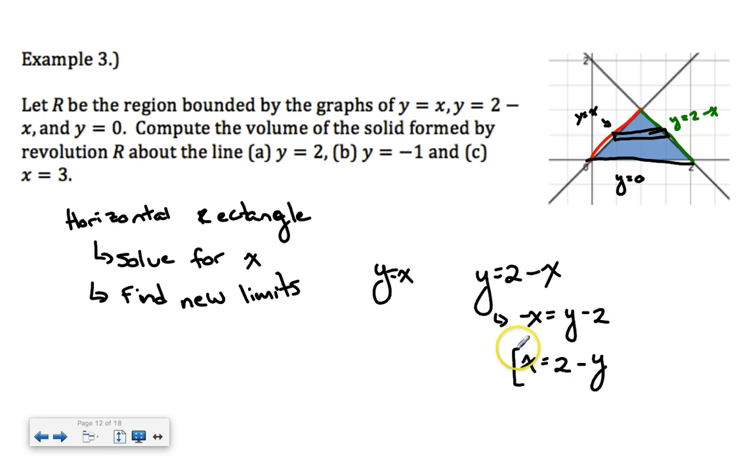So I'll use this equation and this equation. And then also finding new limits, I know that I'm going to go from 0 here and the y coordinate of where they cross up here, which is actually going to be y equals 1. So my limits are going to be from 0 to 1. Keeping that in mind, I have x equals y as one curve, x equals 2 minus y as the other curve, and my limits are going to be from 0 to 1.